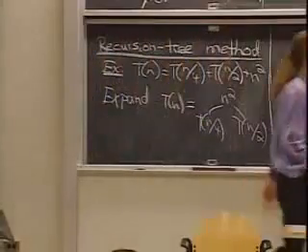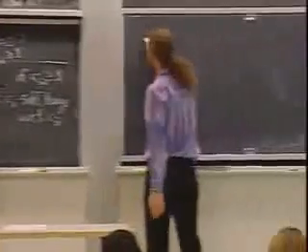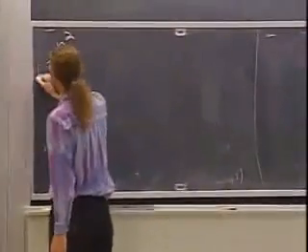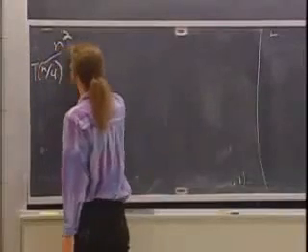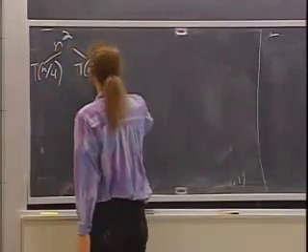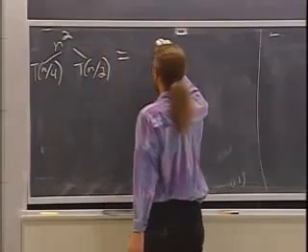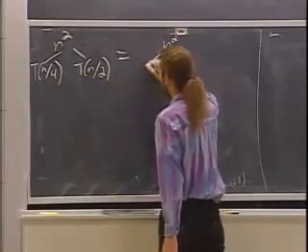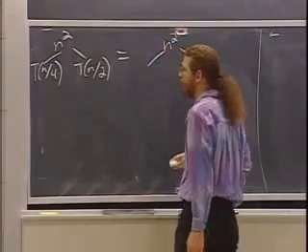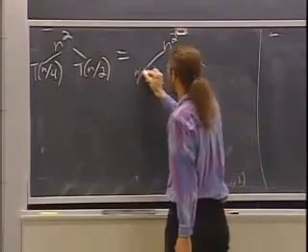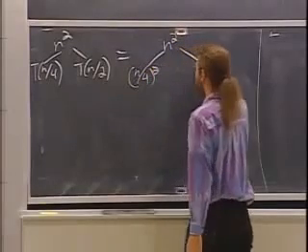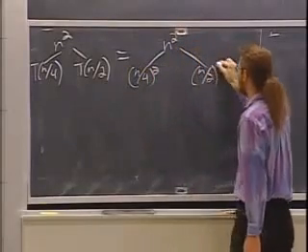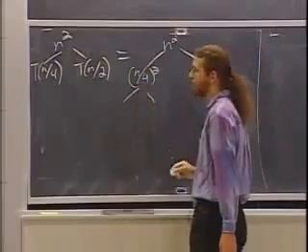So let's go one more step. We have n squared, T of n over 4, T of n over 2. If we expand one more time, this is going to be n squared plus two things. The first thing is going to be n over 4 squared. The second thing is going to be n over 2 squared, plus their recursive branches.